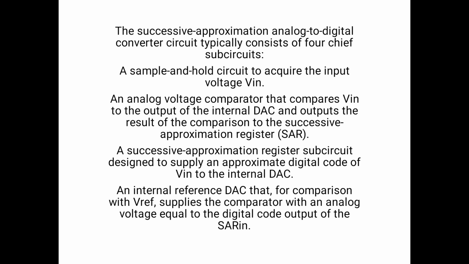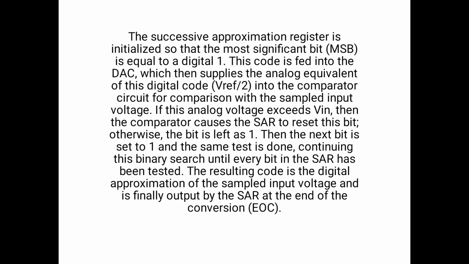The successive approximation register is initialized so that the most significant bit, MSB, is equal to a digital one. This code is fed into the digital to analog circuit, which then supplies the analog equivalent of the digital code to the comparator circuit for comparison with the sampled input voltage.